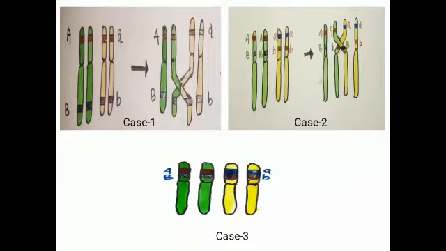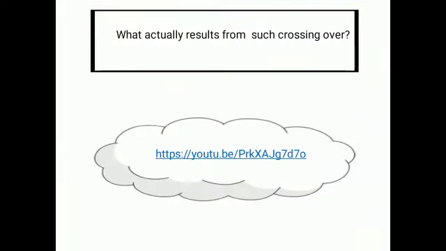Well, it is nil. That is, the crossing over is not possible in this case. Since we talked about crossing over, crossing over generally results in the exchange between non-sister chromatids, which results in some variation. So let's see, students, what actually results from such crossing over.